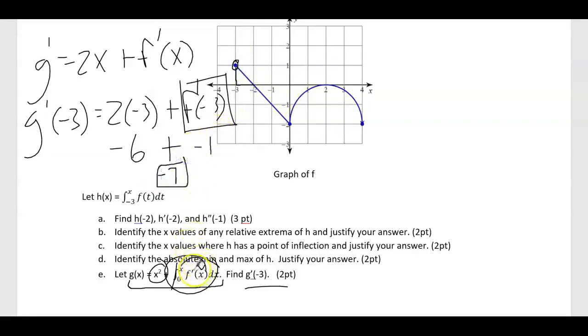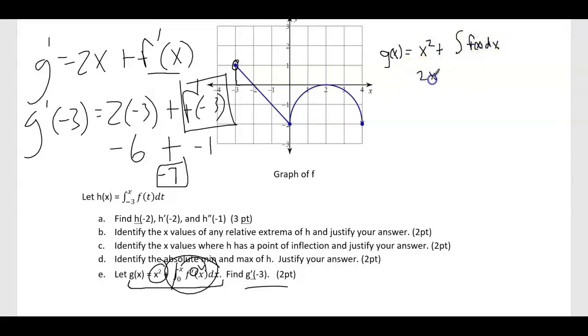Now, I'm not too sure if yours on your test will have a prime here or not. But it's important that you recognize the difference. Okay? Since there's a prime here, when you take the derivative of this integral, you're left with f prime here, right? And you have to understand that means the slope of this graph. But if I had written this question slightly differently, like let's say I wrote it like this instead, just an f without the prime, you would get a different answer, okay?